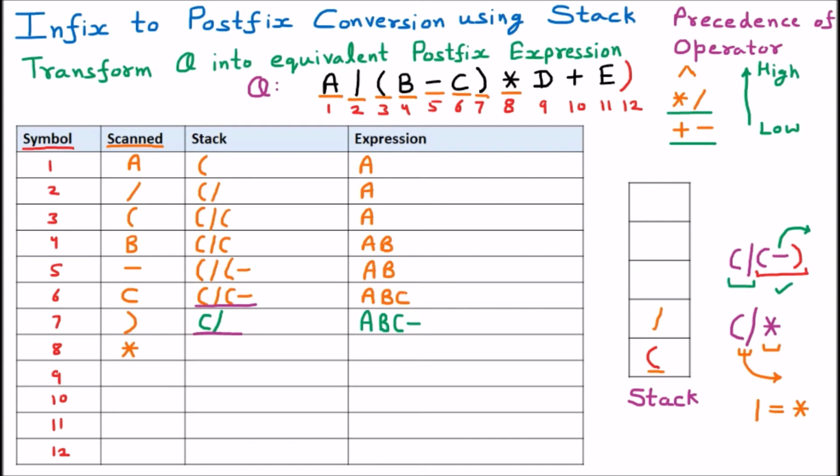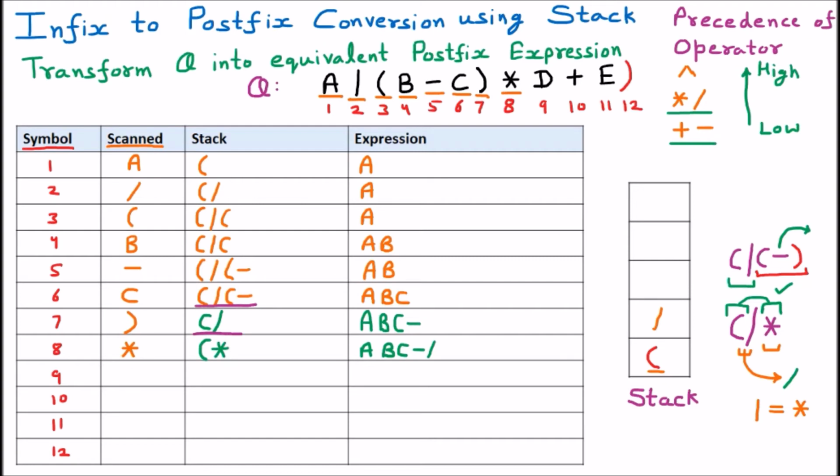So here slash will come out. That means this slash is placed after the expression. So ABC minus was there and slash comes out. So it is placed here. And what is the remaining? The remaining is bracket and the star. So they are remaining on the stack. So bracket and star is remaining on the stack.